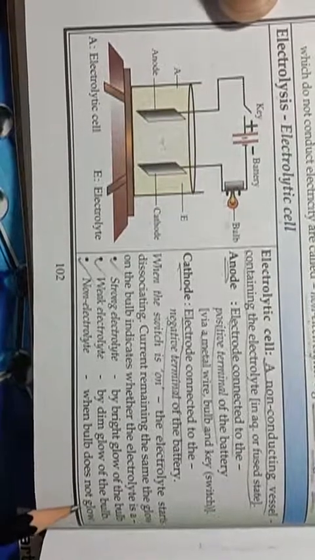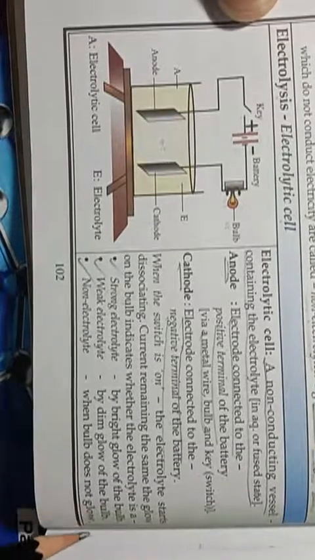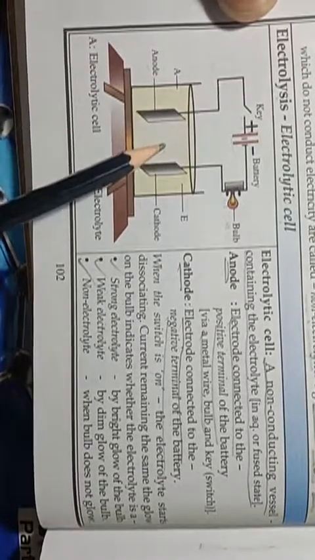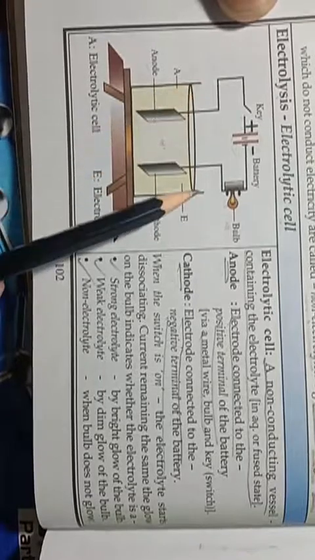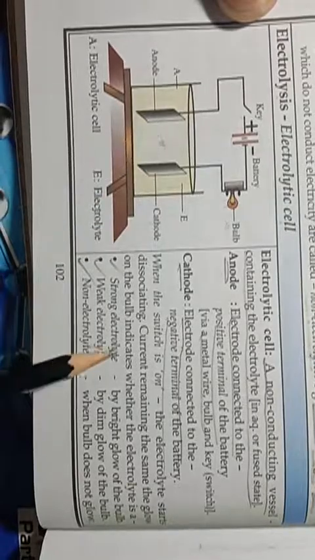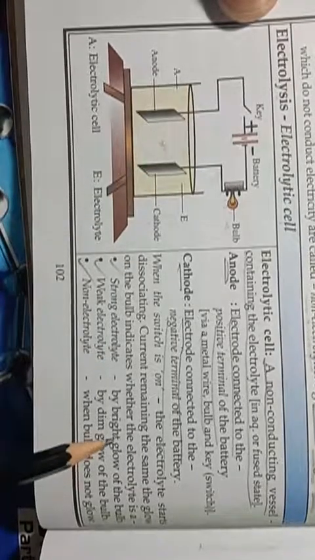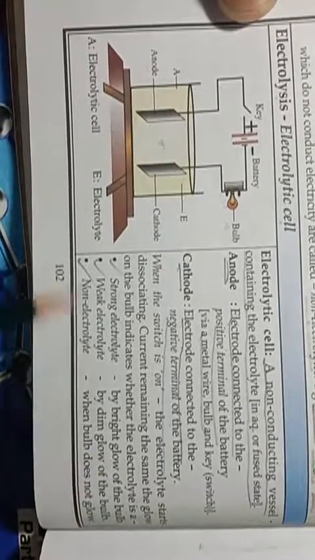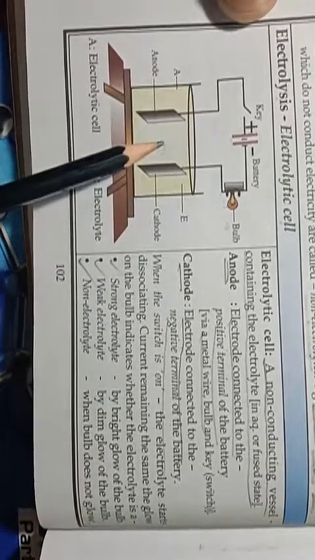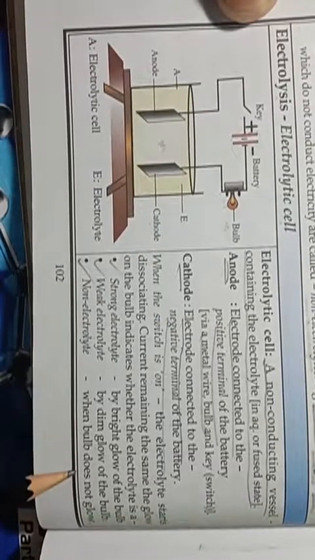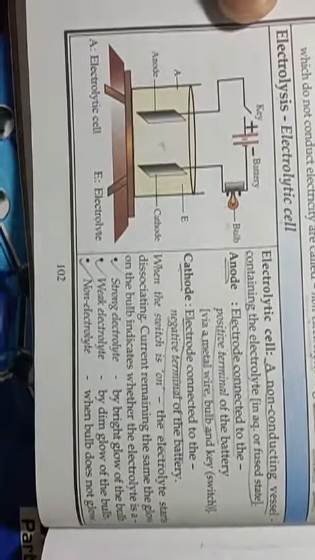So depending upon the glow of the bulb, we can decide which type of solution is taken in the vessel. If a strong electrolyte is there, the bulb will glow brightly; for a weak electrolyte, a dim glow; and for a non-electrolyte or solution of a covalent compound, the bulb does not glow. Okay students, moving to the next page.